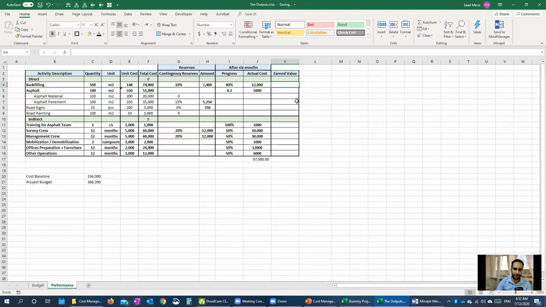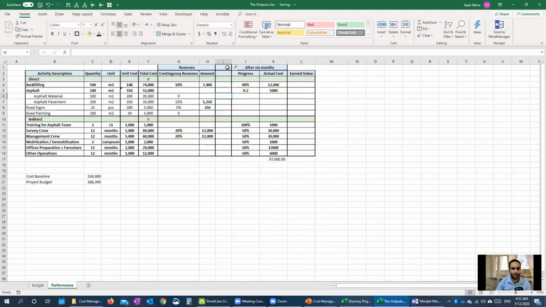I need to calculate the earned value. We said the earned value is the amount of progress multiplied by the budget. Since the budget is not the total cost in this case, it should be the total cost plus the contingency reserve. So what I should have here is total budget, sorry, I will put it as cost baseline.